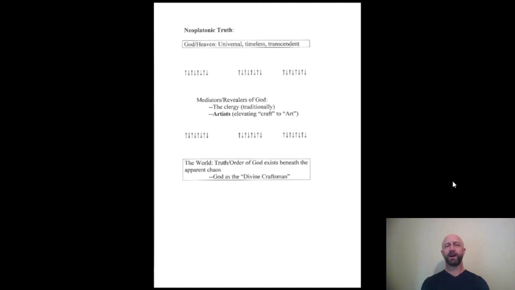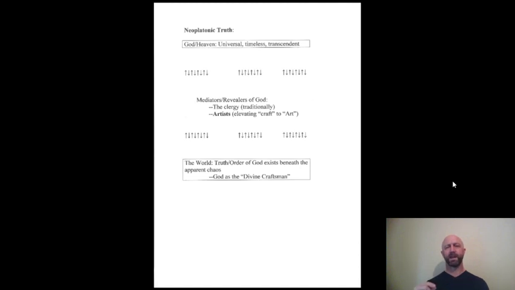And because, of course, God made this world and made us in his image, Christians would believe that there's something of God's order or perfection in this world around us. Thus, the schematic that I have up here for you to look at, where because God is the divine craftsman, he made this world and he made us in his image, there must be something of God's truth or order beneath the appearance of things in this world around us.